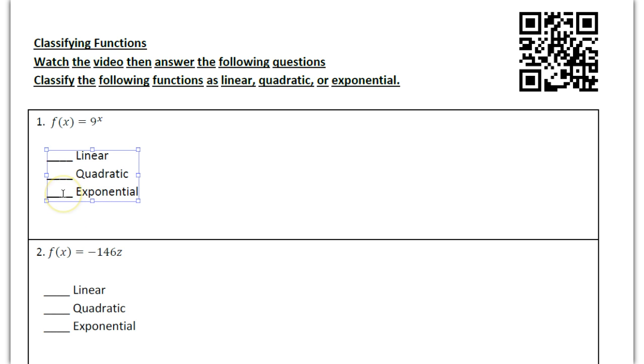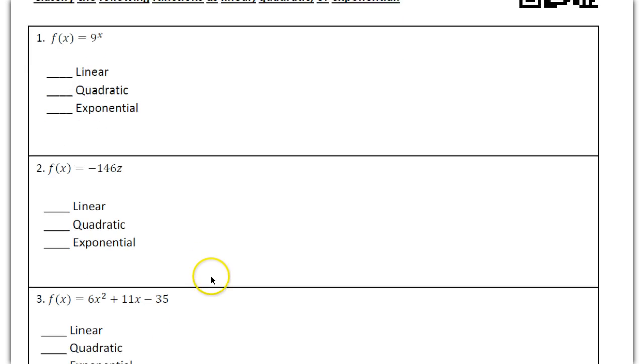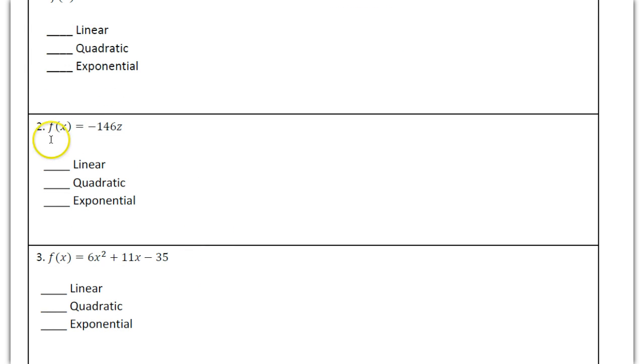So you would put a check by exponential. Now, as you look at number 2, here our variable is actually part of the numbers of the function, and it's to the first degree. There's a 1 that's unwritten by the z, so this would be linear.